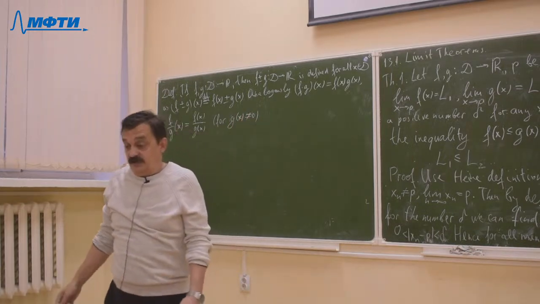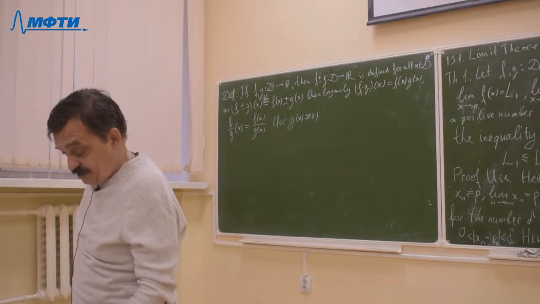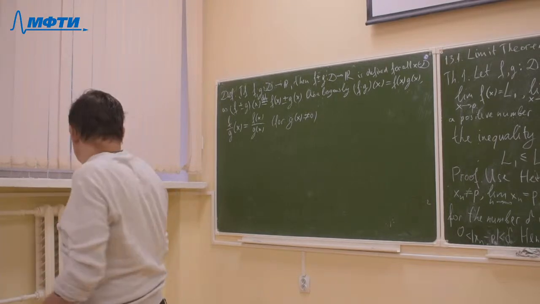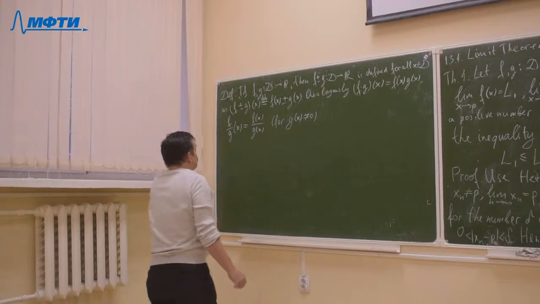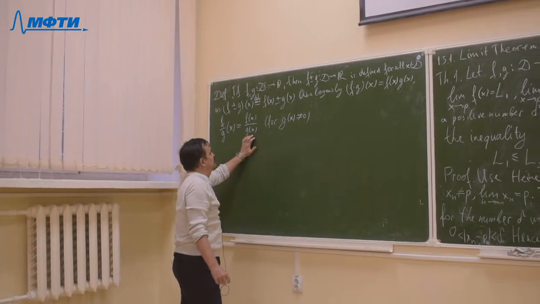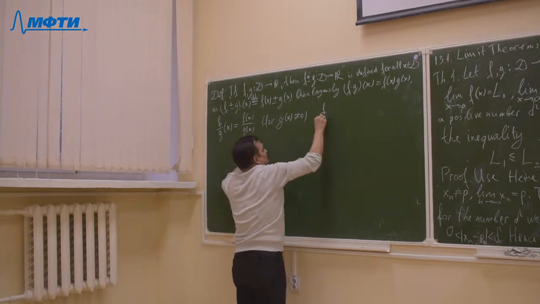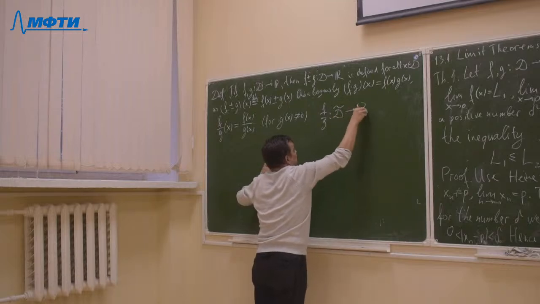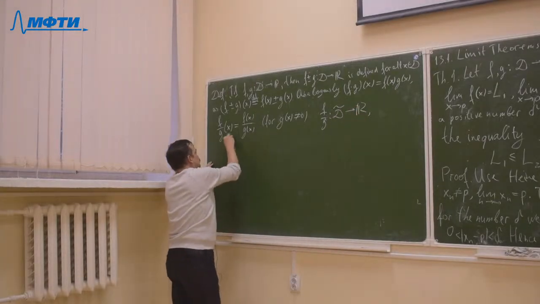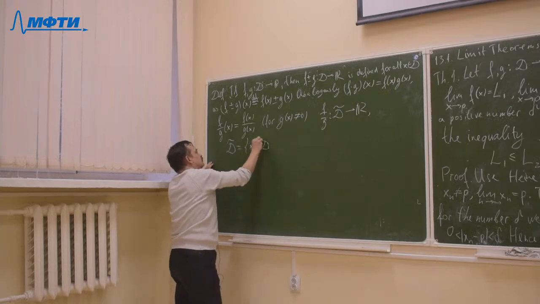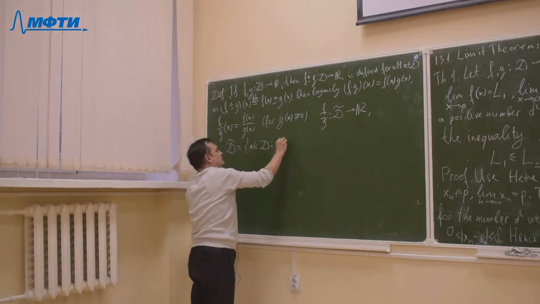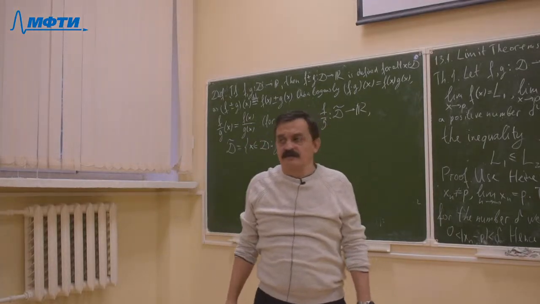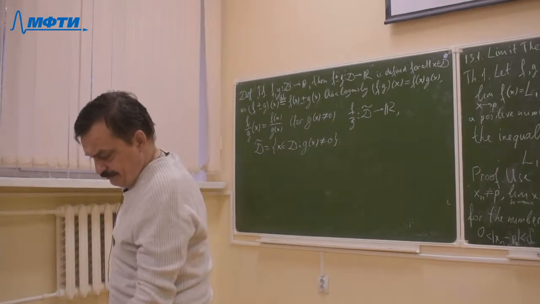Otherwise, we cannot define this operation. So the last function f over g is well defined from another set, D tilde, to R, where D tilde is the set of all x in D such that g of x is not equal to 0. So the ratio is defined not everywhere.